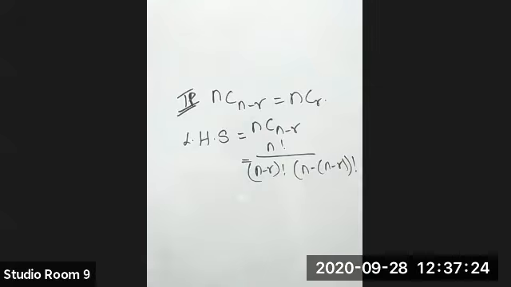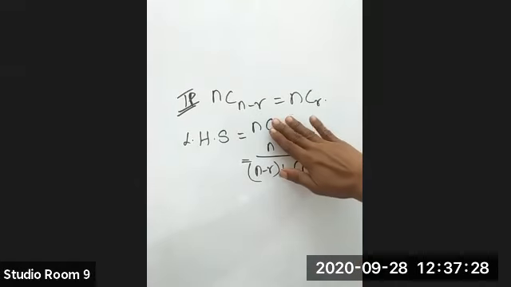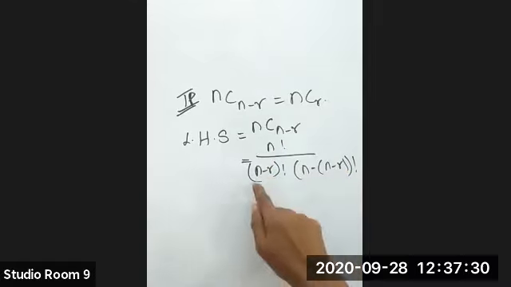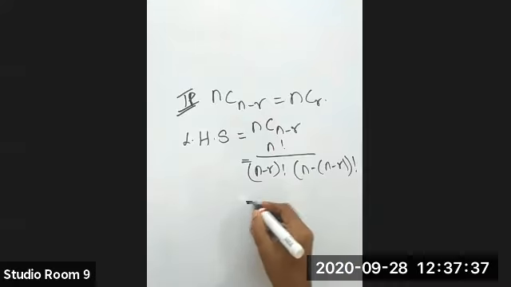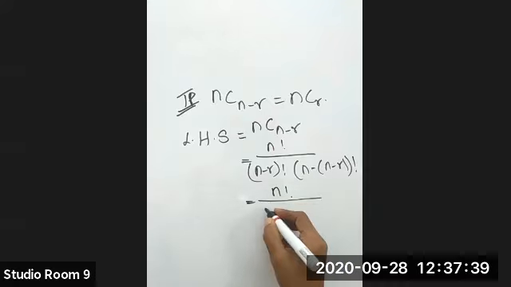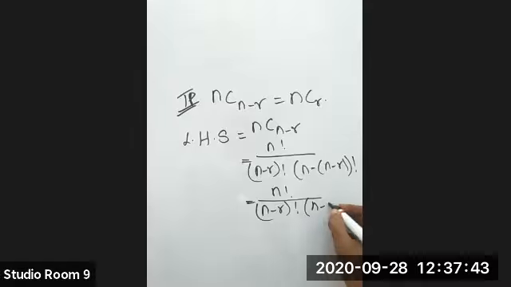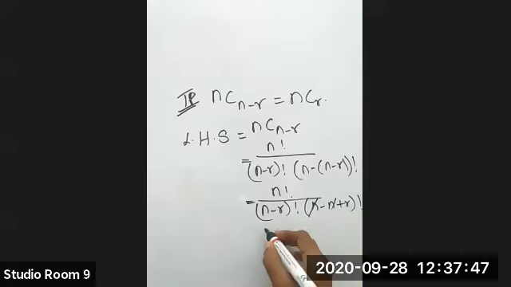Is it correct? So n factorial by r factorial into n minus r factorial in place of r. Which is equivalent to n factorial by n minus r factorial into n minus n plus r factorial. So these two will get cancelled.